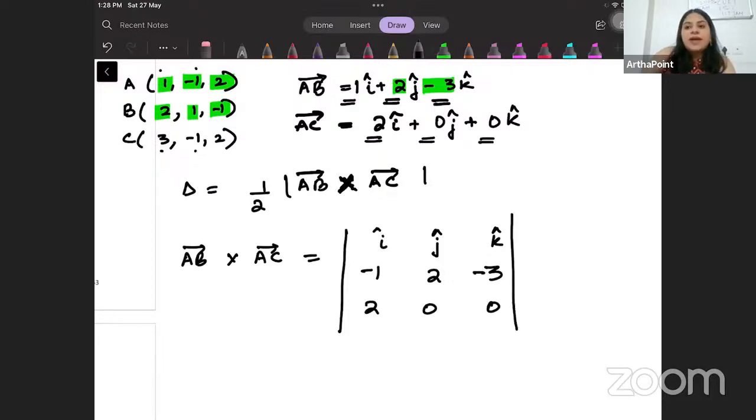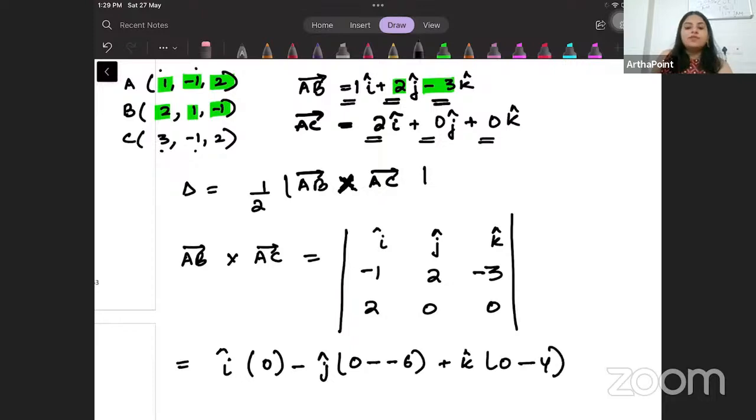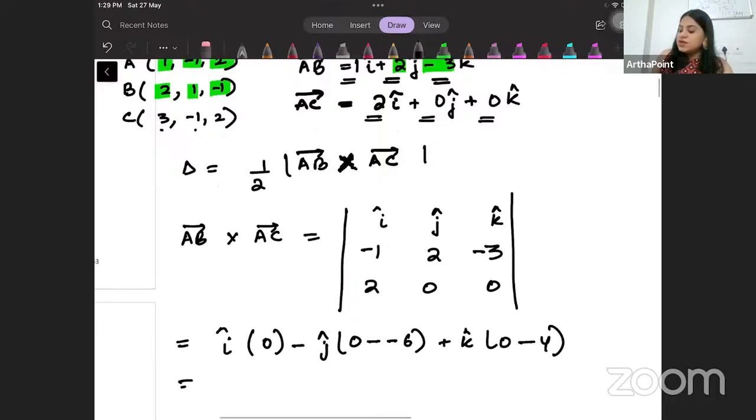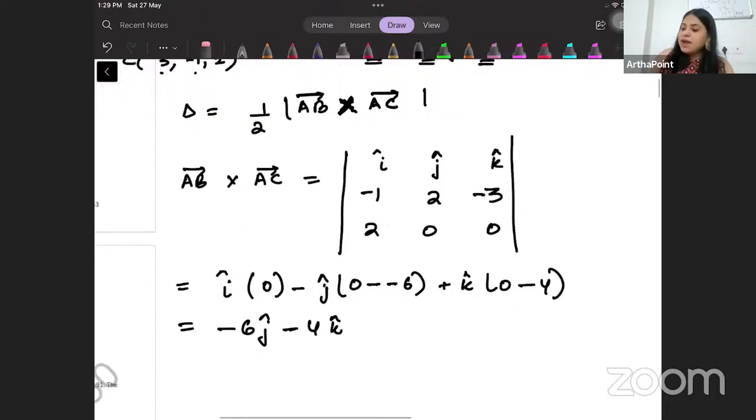Okay, now find the determinant. So this is going to be i times 0, minus j times 0 minus minus 6, plus k hat times 0 minus 4. So you will get the answer as 0 i minus 6 j hat minus 4 k hat. This will come.